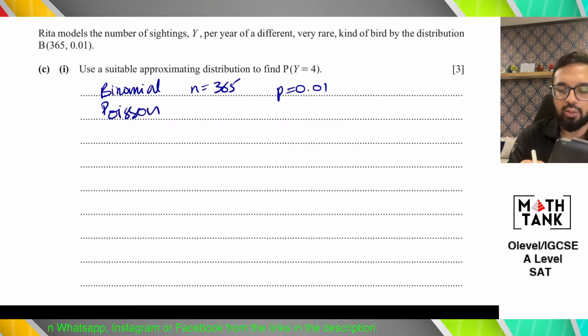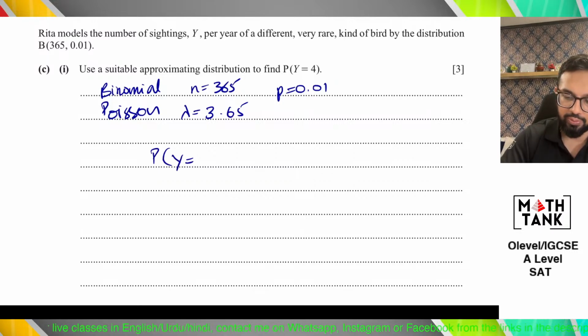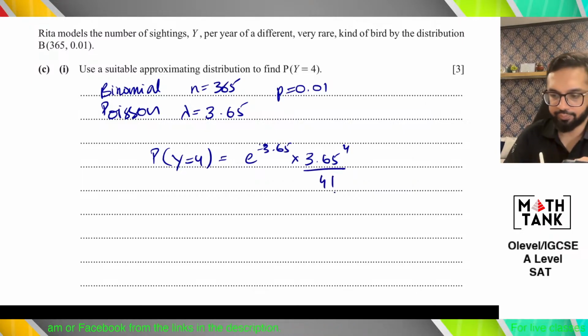Okay, so n is large and p is small, so this is a Poisson. I don't need to do a continuity correction because I'm not doing a normal distribution. Poisson gives me 3.65, so lambda equals 3.65, so y equals 4 is e power minus lambda into lambda power r over r factorial.